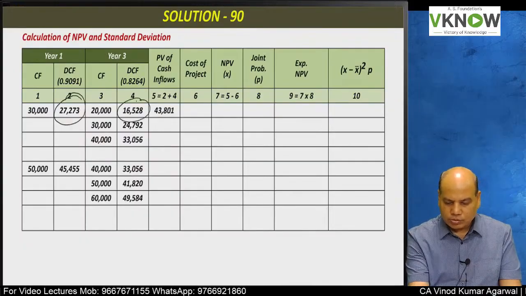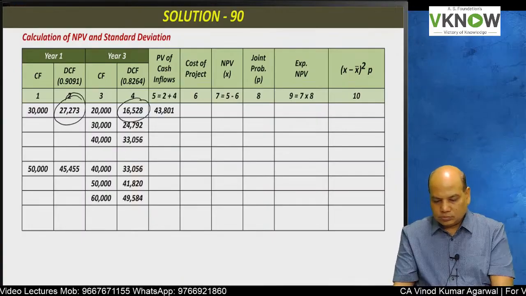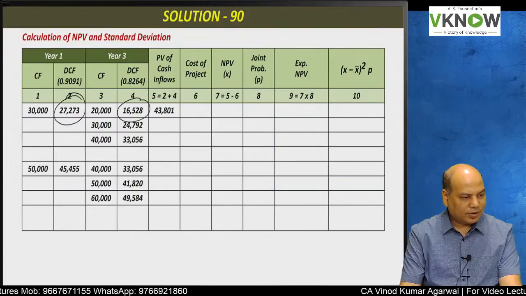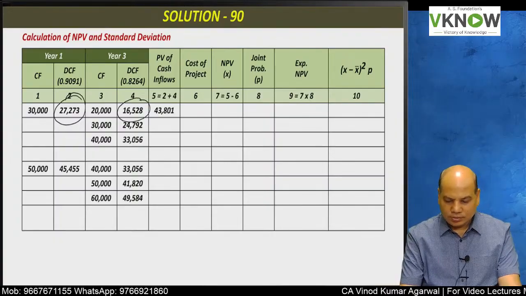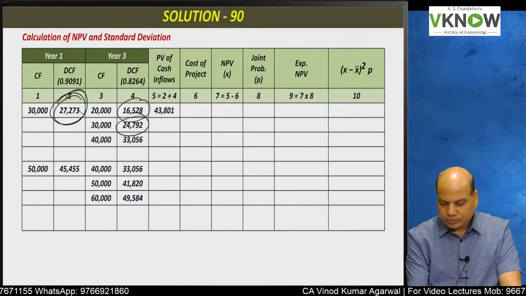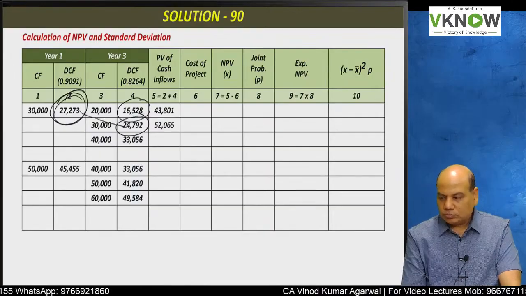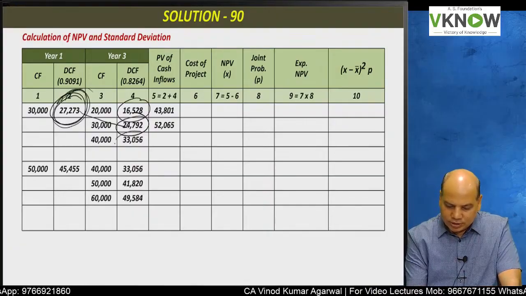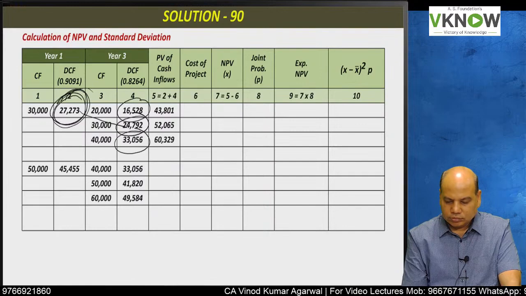This and this you have to add. 43,801. Very good. Next you add this number and this number: 52,065. This number and this number: 60,329.